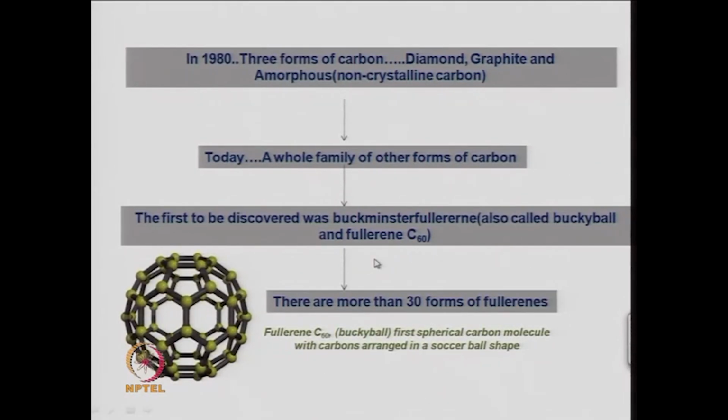Today there are many other carbon based molecules related to this buckyball with a large number of carbon atoms per molecule, and there are more than 30 forms of such fullerenes. Now, why this is called fullerene, we will come to that.